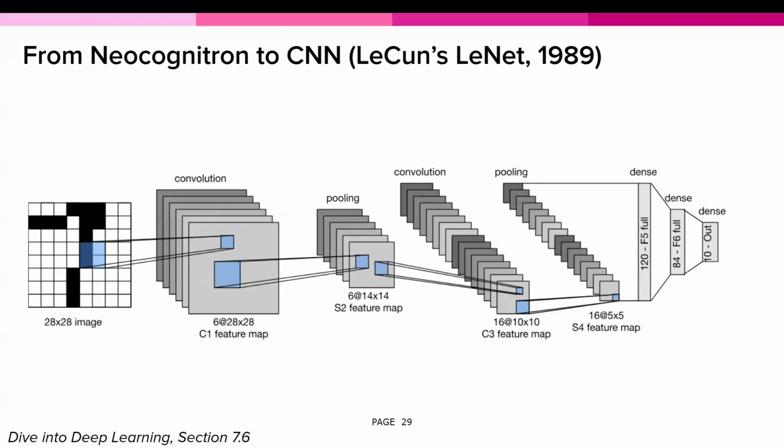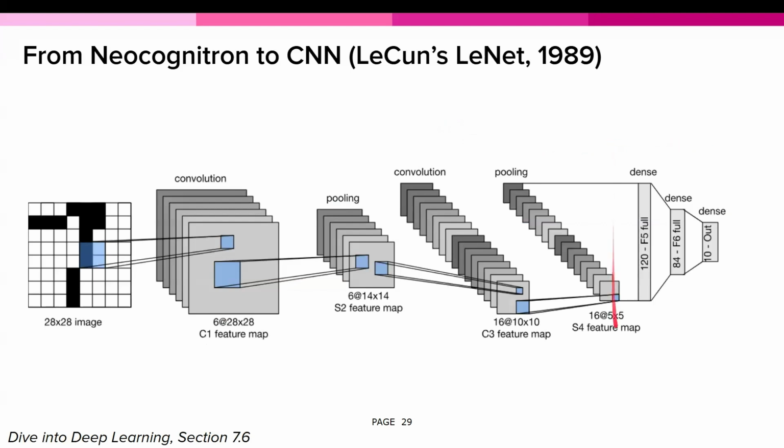The most significant difference between LeNet and the neocognitron was the training method. The neocognitron relied on unsupervised learning, but LeNet leveraged backpropagation to adjust the weights throughout the network all at once. This allowed LeNet to learn from labeled data and provided a supervised and targeted approach to feature learning.